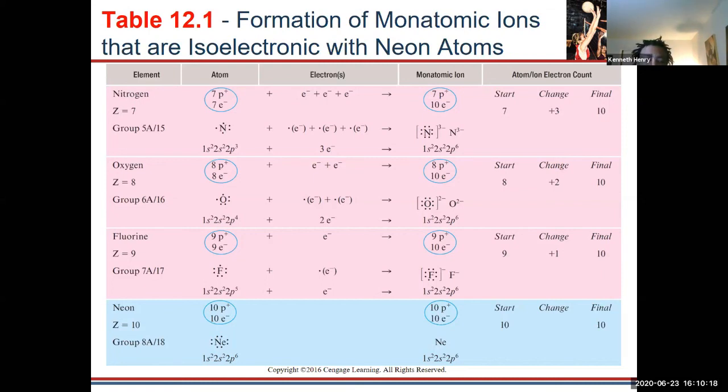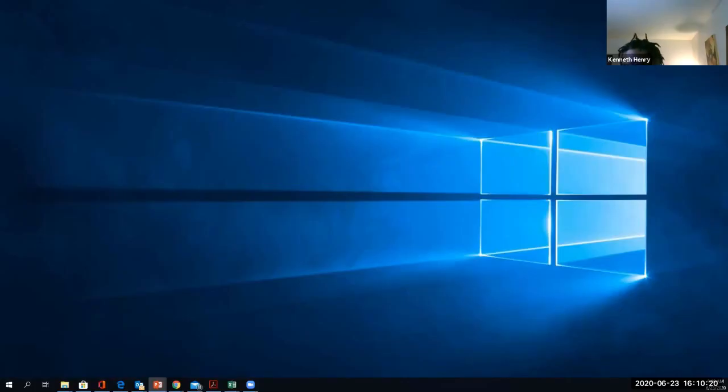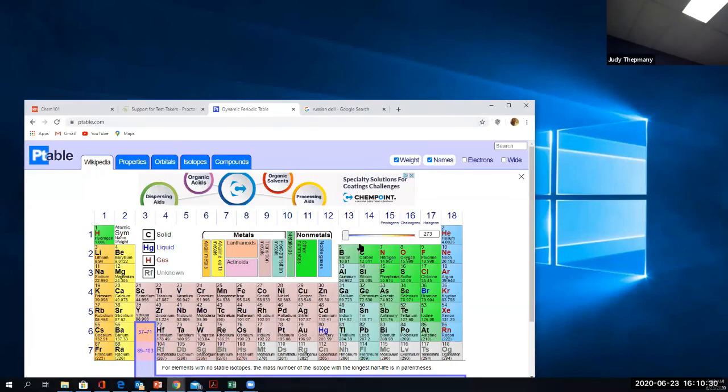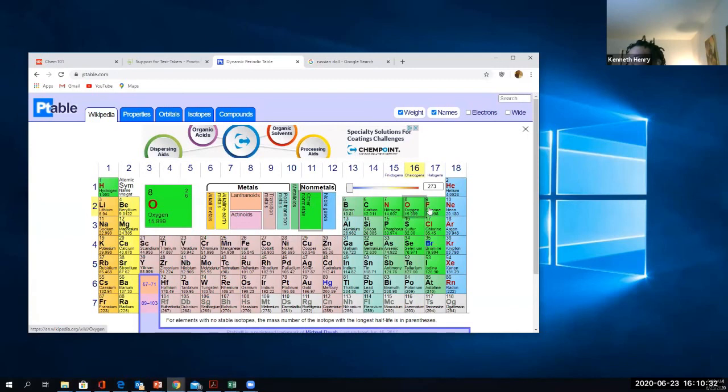If you look on the periodic table, being neon. Neon is that cool kid. Okay, so here's oxygen, 2 away from neon. So it's easier for it to gain those 2 electrons and be like neon than for it to lose 6 electrons and be like helium. So it's always going to go the easiest route.